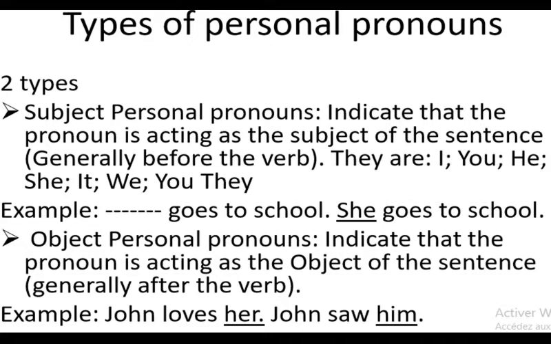The subject personal pronouns indicate that the pronoun is acting as the subject of the sentence, generally before the verb. They are I, you, he, she, it, we, you, and they.